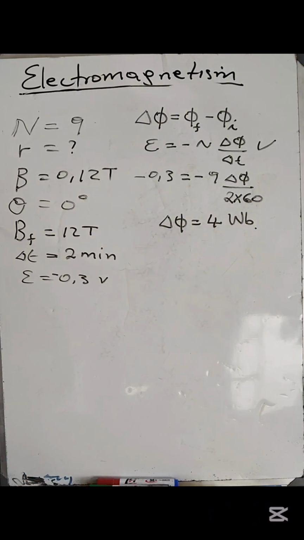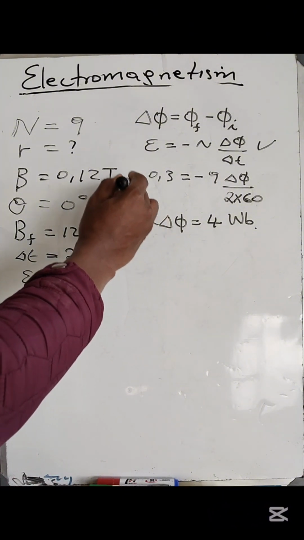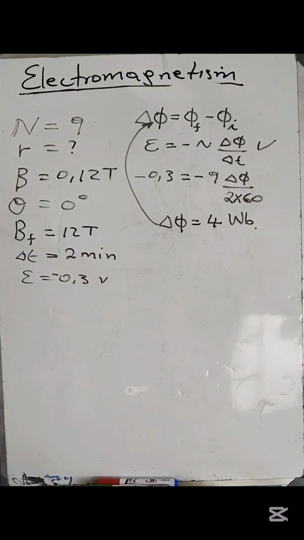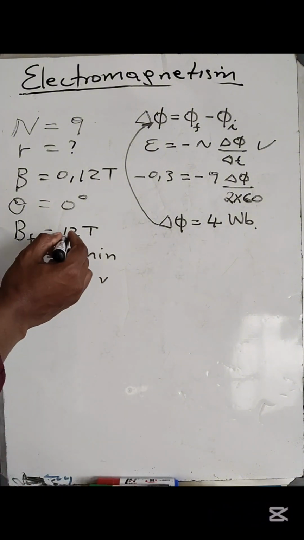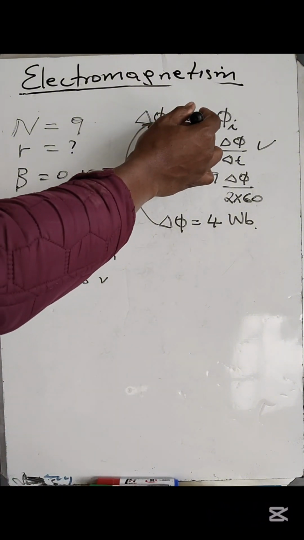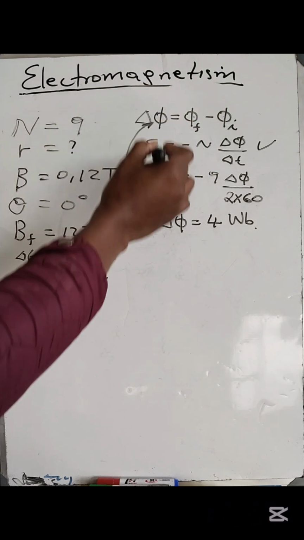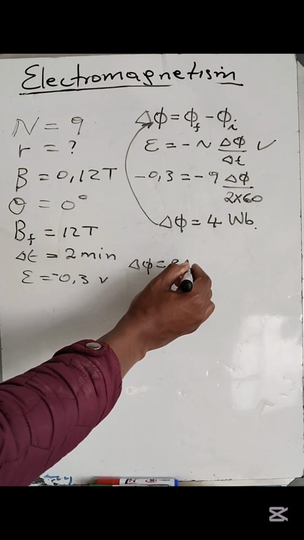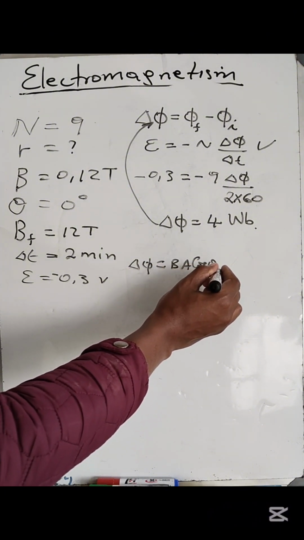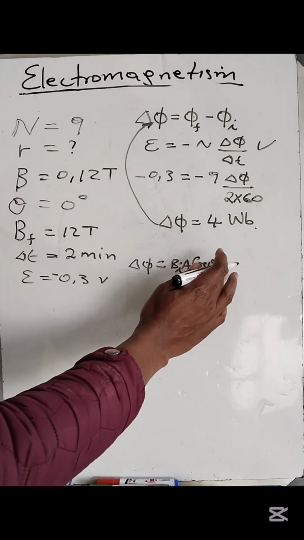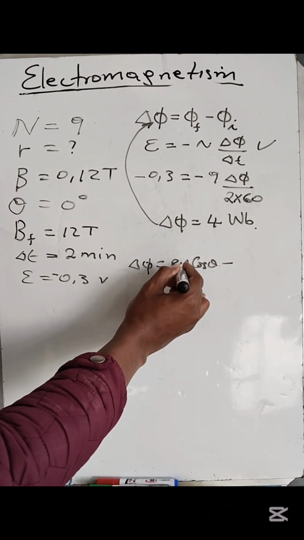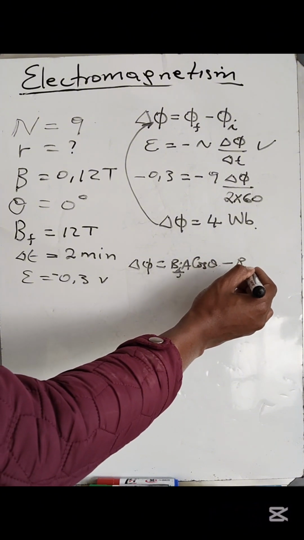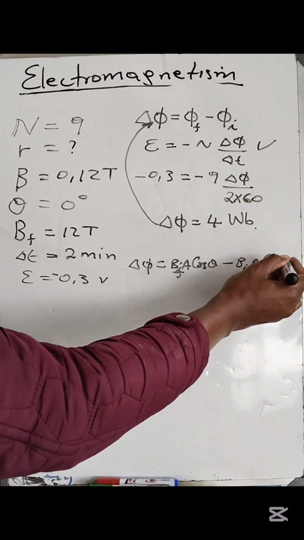Then the following question says calculate the radius. Now that we have the change in magnetic flux, we are going to substitute here. But we don't have the magnetic flux initial and final, we only have the change, which means that formula can be written in this form: B final A cos theta minus B initial A cos theta.